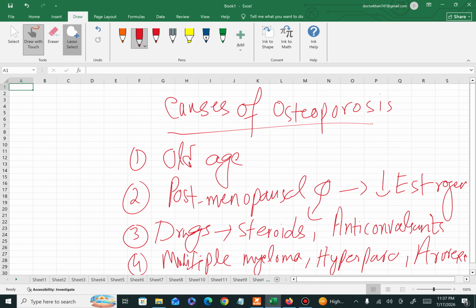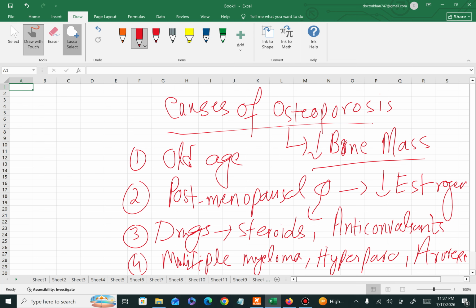And the main thing in osteoporosis is that there is decreased bone mass. Cortical and spongy bone mass will be reduced. So reduced bone mass is the main pathophysiology in osteoporosis.